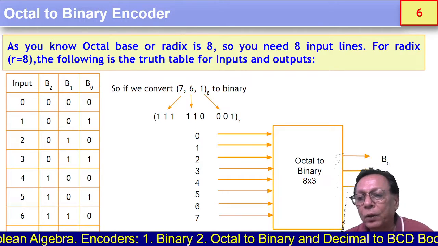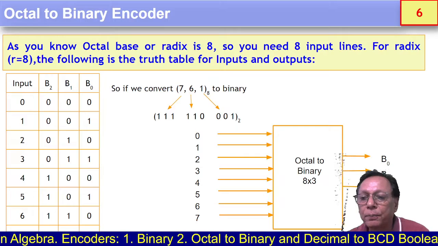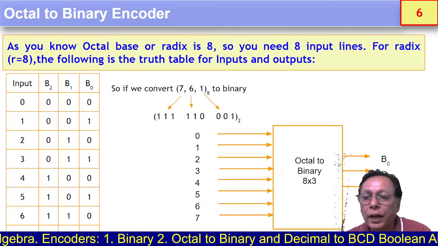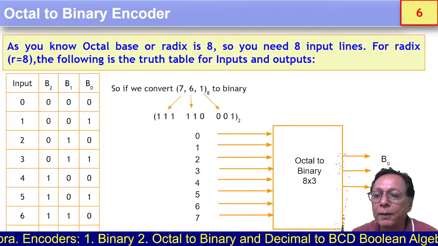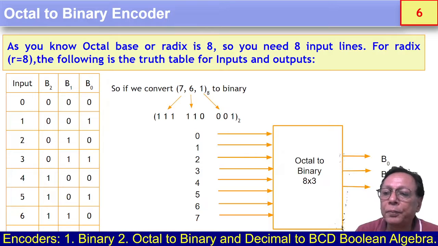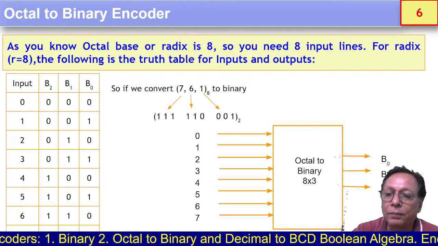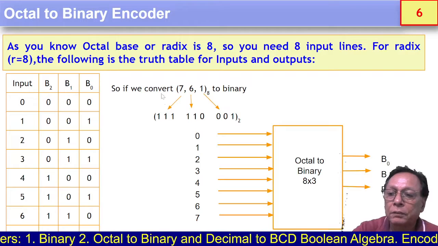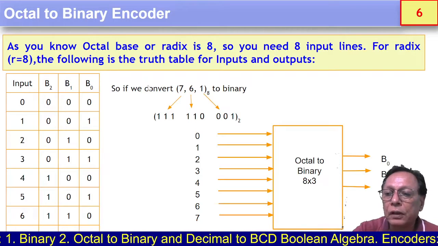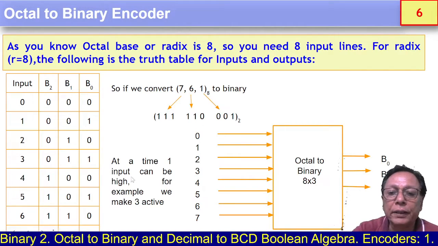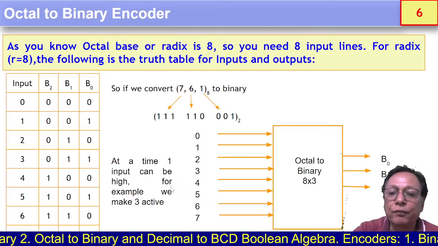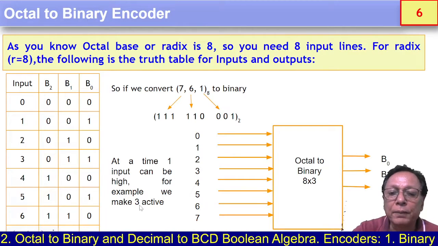So when will it get a high output? High output means if the input is high, only then the output will be available or high. At a time, only one input can be high. For example, we make 3 active.